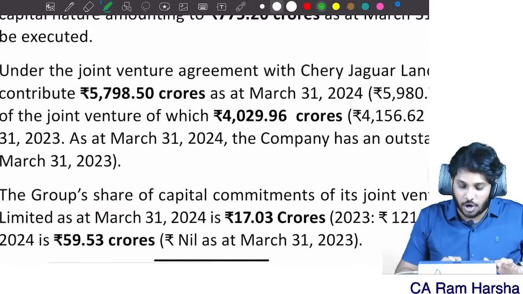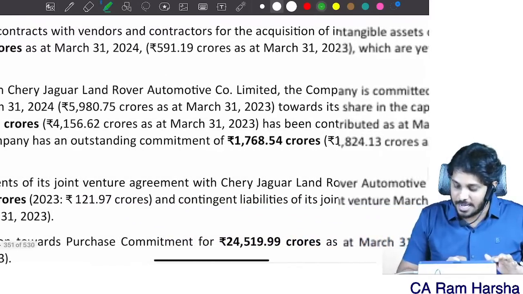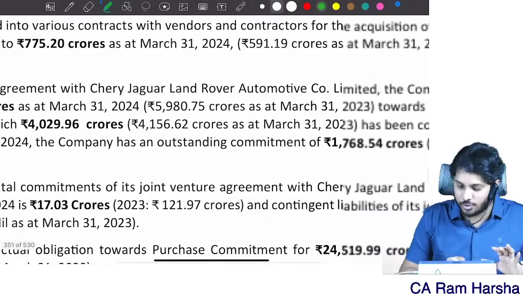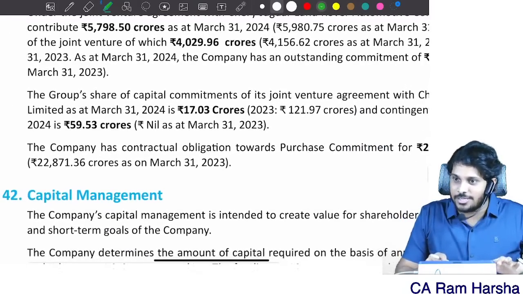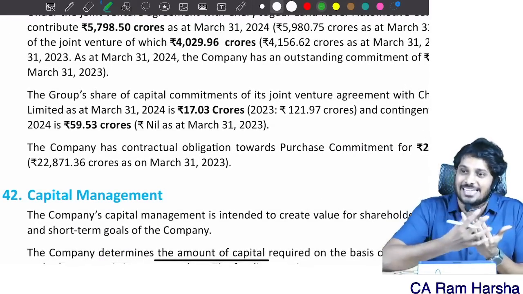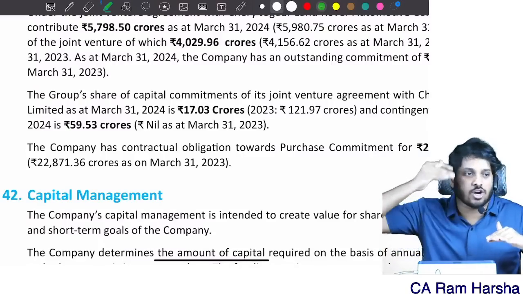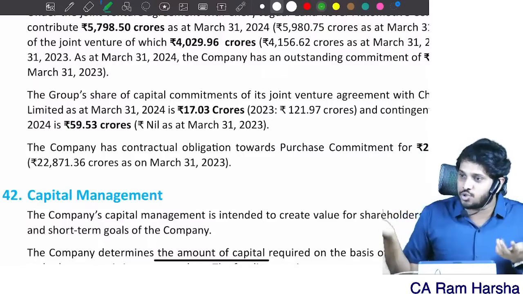Under the joint venture agreements with so and so company, the company is committed to contribute so many crore as on so and so date. You can understand all these points only when you exactly understand the standard implications: why this is presented, in what context it is presented, how this is useful for the people.